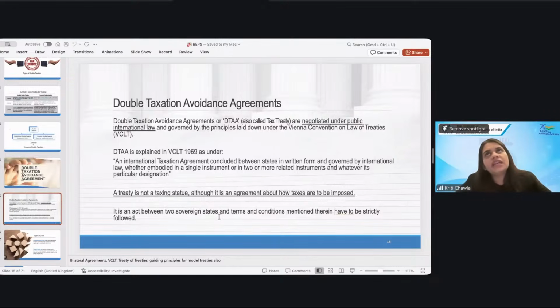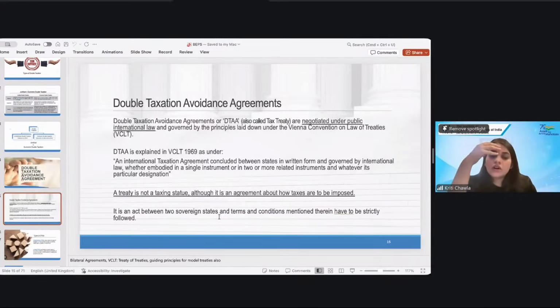So what we're really trying to say is that it is not like a taxing statute. It is just an agreement. It is more like a bilateral agreement, and this is going to tell you about how taxes are to be imposed or how double taxation is going to be resolved. But what they're really trying to say is that this is not really a taxing statute.